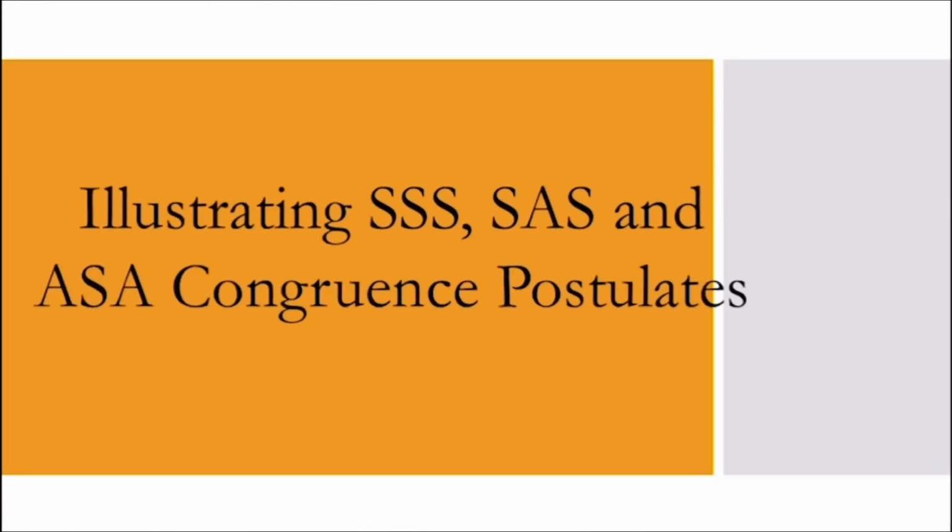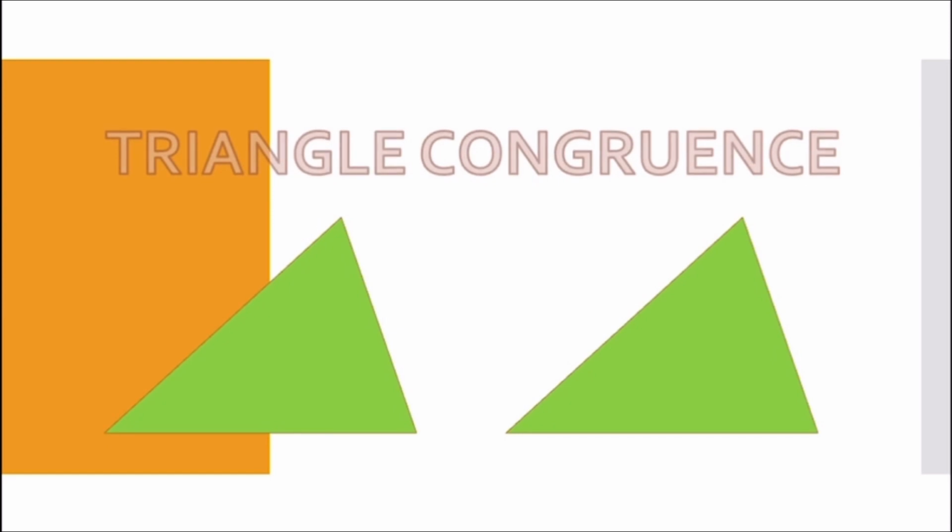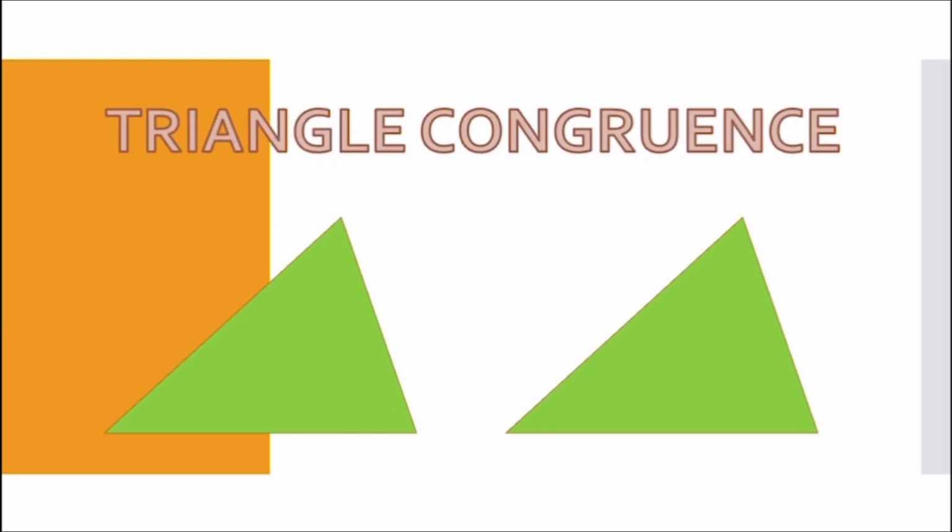Again, our lesson for today is all about illustrating SSS, SAS, and ASA congruence postulates. From the previous lesson, you already learned about triangle congruence. The two triangles become congruent using corresponding congruent parts on angles and sides.